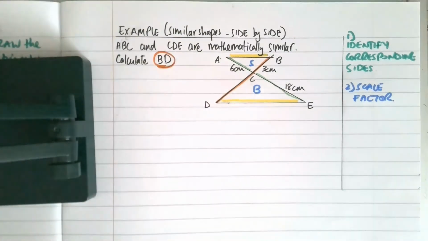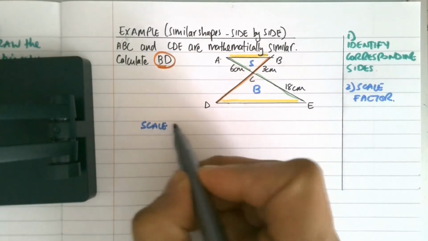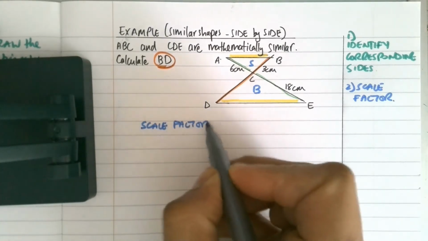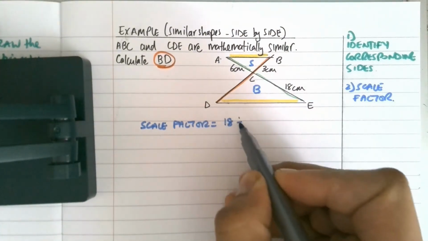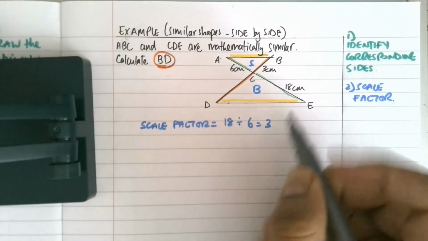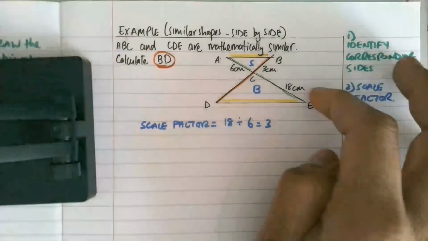So the scale factor is going to be 18 divided by 6, which is 3, so the bigger shape is 3 times bigger than the smaller shape. They're mathematically similar, so we can use that to work out the missing lengths.